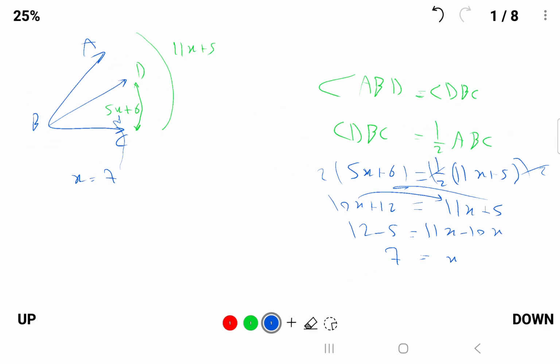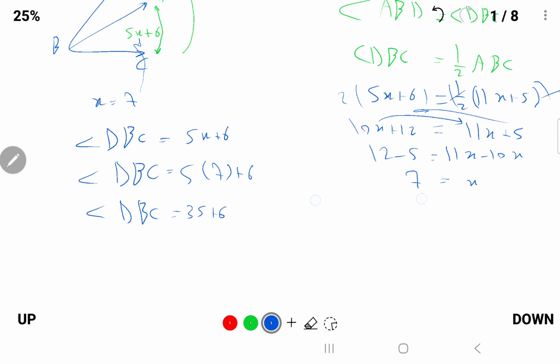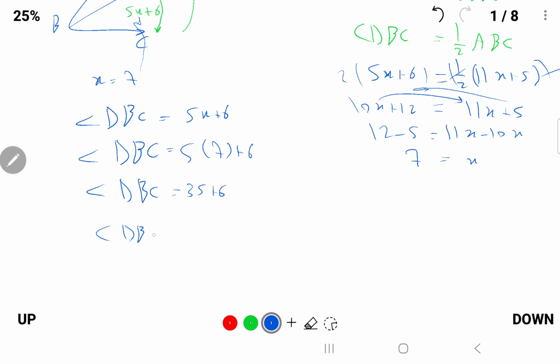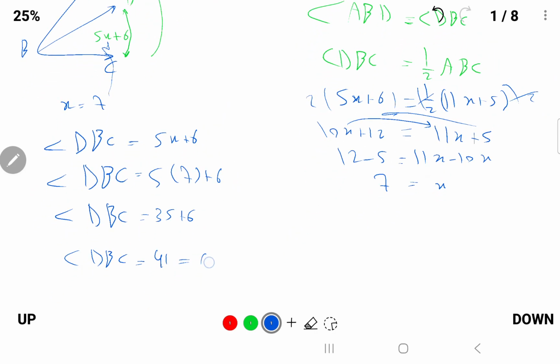So angle DBC is equal to 5x plus 6. Angle DBC is equal to 5 times 7 plus 6. Angle DBC is equal to 35 plus 6, and 35 plus 6 is equal to 41, and equals angle ABD. So angle ABD is equal to 41. So this is the final answer.